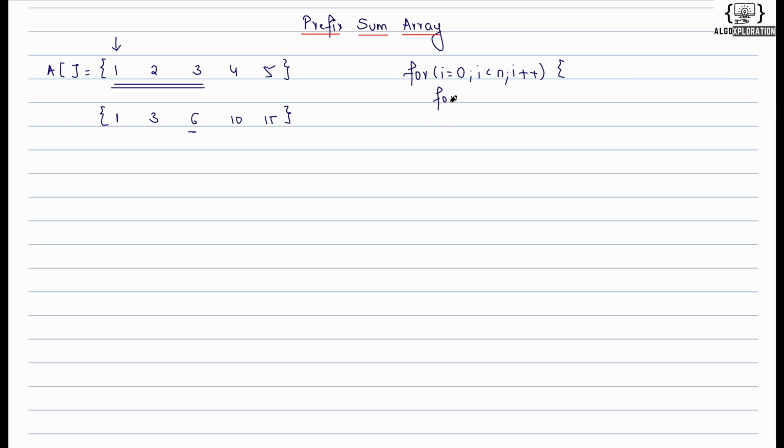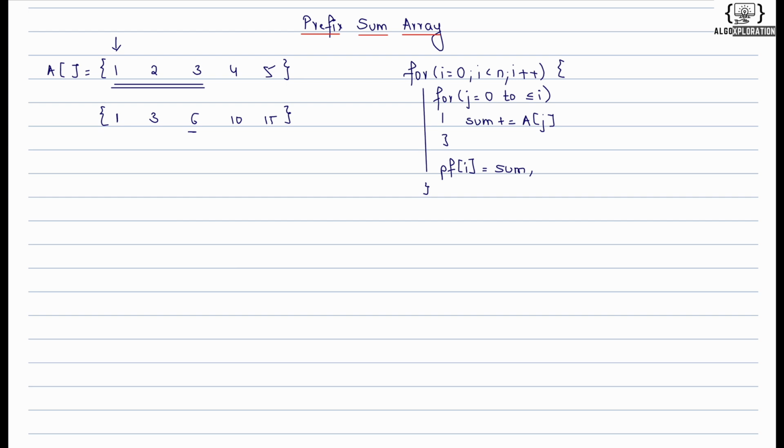So for j equals 0, going till j less than or equal to i, finding the sum on the go: sum plus equals a of j. After that simply store pf of i equals sum. This is one approach.